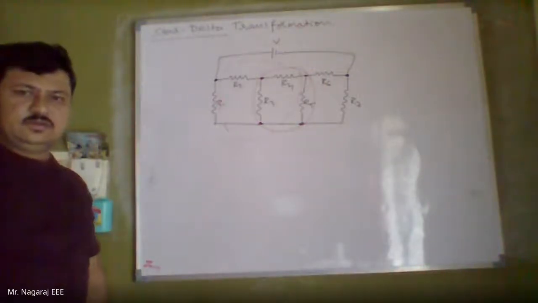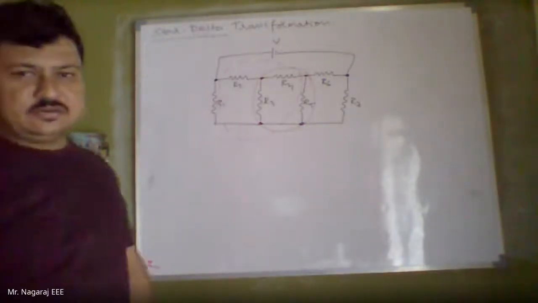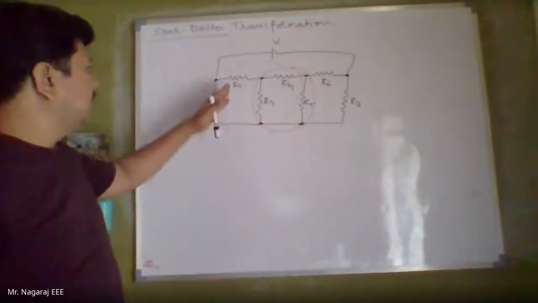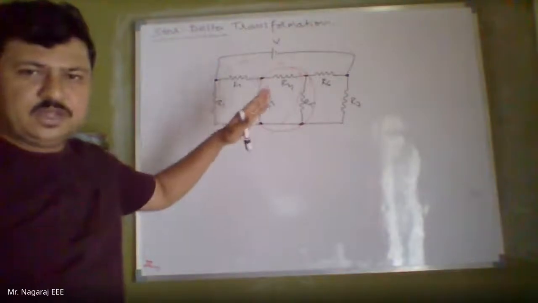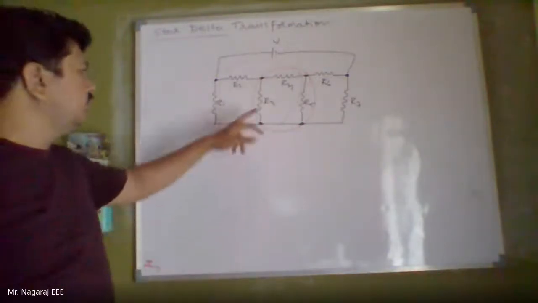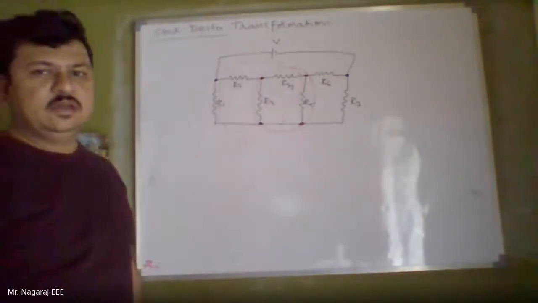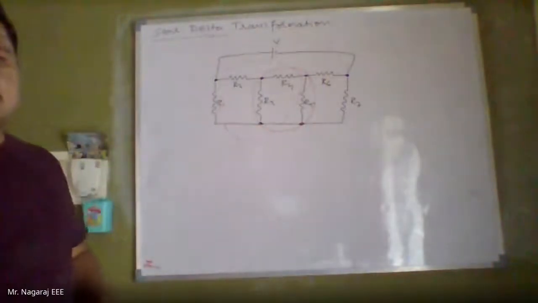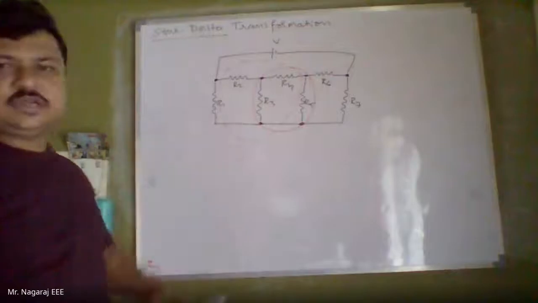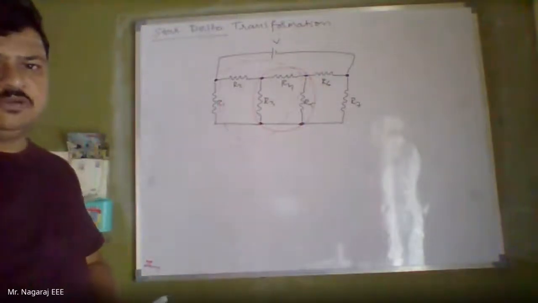So it is up to me what I consider. Whether I take the delta equivalent of star R2, R3, R4, or I take the star equivalent of delta R3, R4 and R5, it is up to me how I apply the simplification method to find the equivalent circuit.